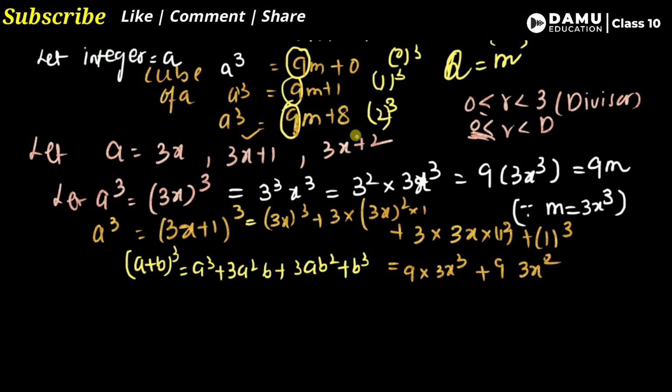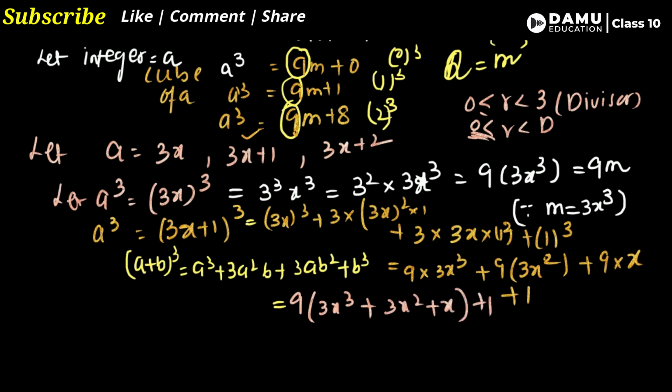If you multiply, you can take common again. So 3x square plus here 9 is there, 9 into x plus 1. Since we can take 9 as a common here, 9 into (3x cube plus 3x square plus x) plus 1.